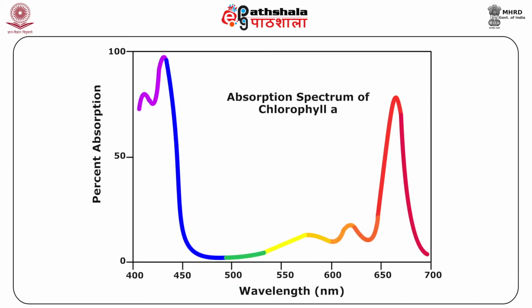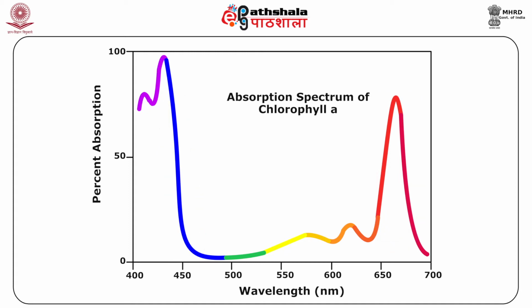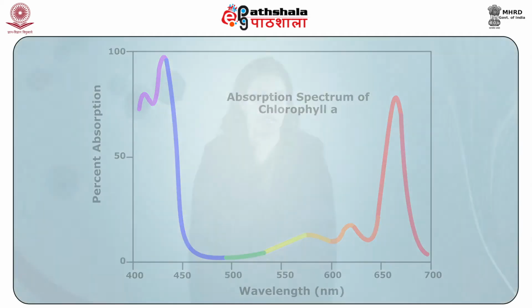The absorption spectrum of chlorophyll shows that it absorbs strongly in the red and blue-violet region of the visible spectrum. Because it absorbs red and blue-violet light, the light it reflects and transmits appears green. This is again the figure which shows the UV visible absorption spectrum for chlorophyll, the absorption spectrum of chlorophyll A to be precise.